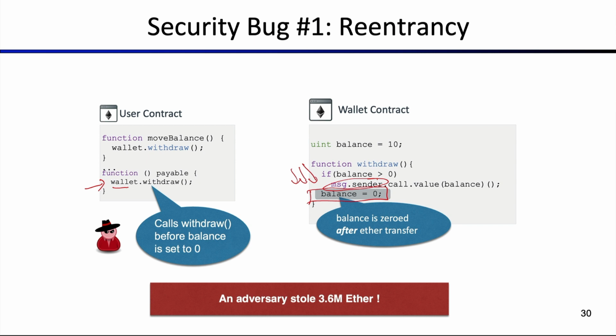An adversary stole over 3.6 million ether in a particular attack with this type of attack. So reentrancy was and still is a major instance of smart contract vulnerabilities.